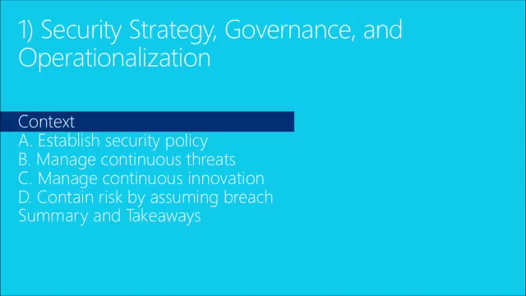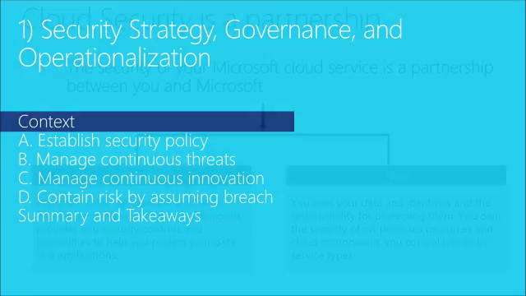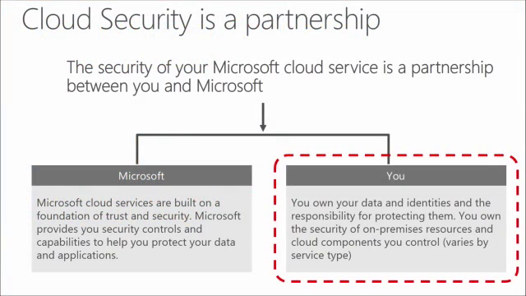And we're going to go through context, a little bit about security policy, the continuous threats and continuous innovation that you have to manage as it comes in, containing risk by assuming breach, and then some summary and takeaways. What we've really done from the last module to this module is move from the Microsoft side of the trustworthy cloud and the security features hosted on the Microsoft cloud.